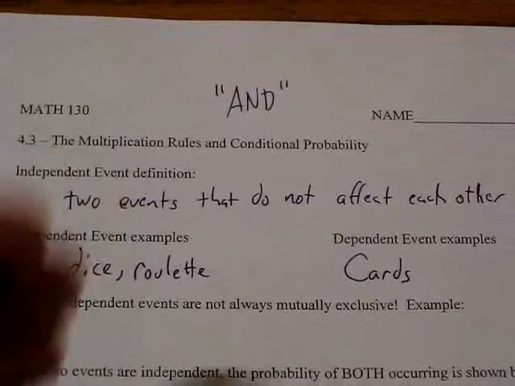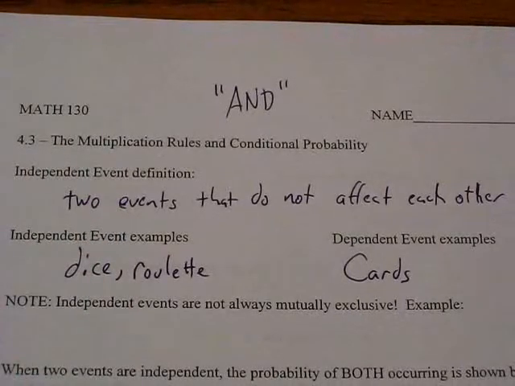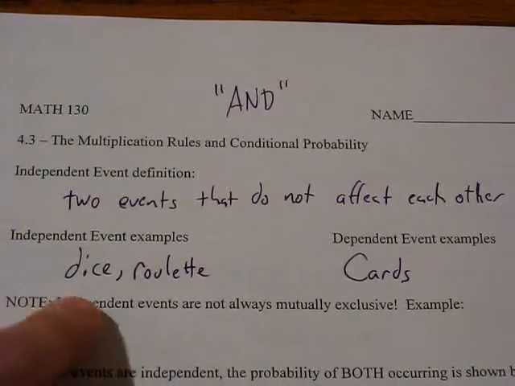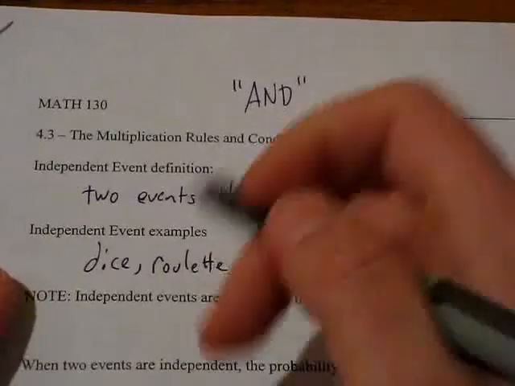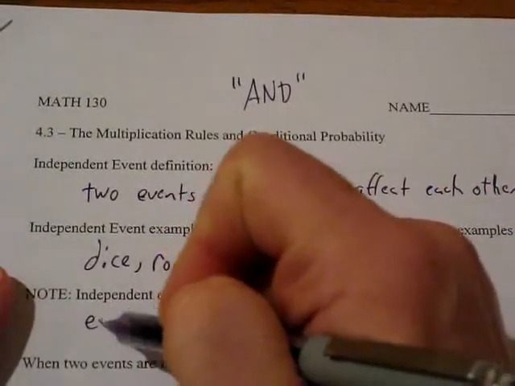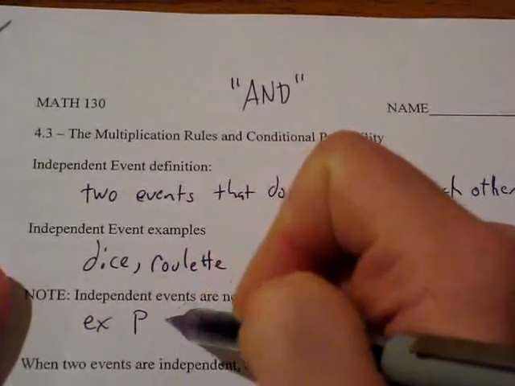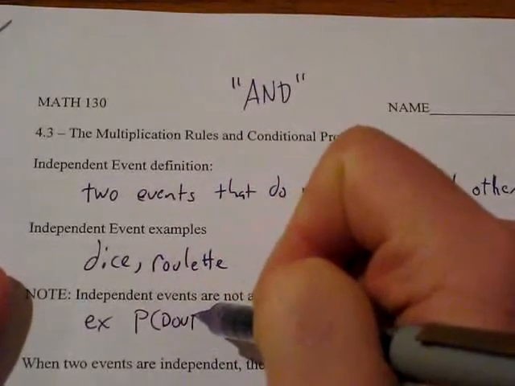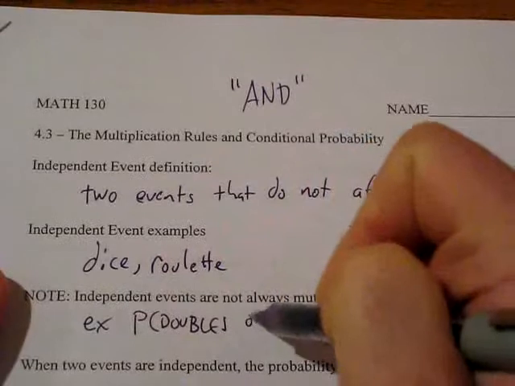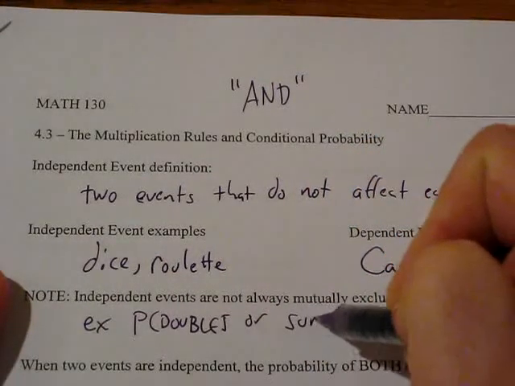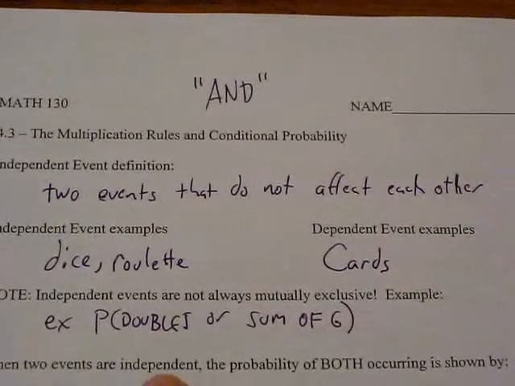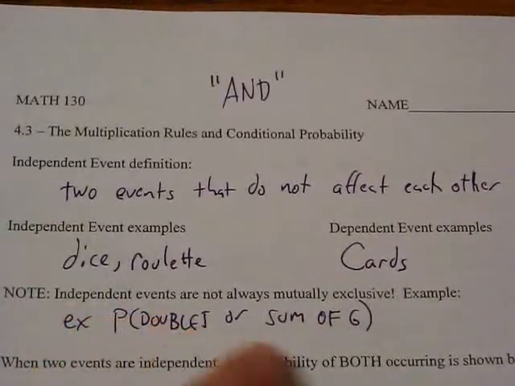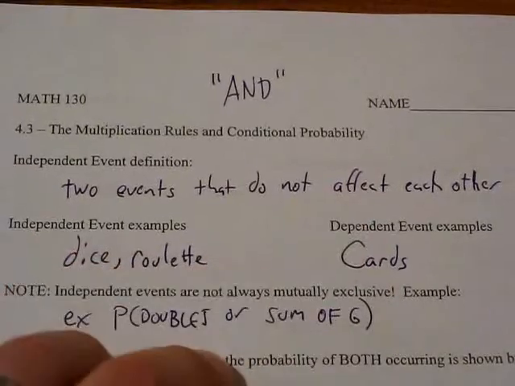Now, a lot of times people get the idea of independent events mixed up with mutually exclusive. Mutually exclusive events kind of have the same feel as independent events, but let's take an example: dice rolls are independent, but if you want the probability of rolling doubles or a sum of 6, that's an idea inside of independent events where these two ideas are not mutually exclusive.